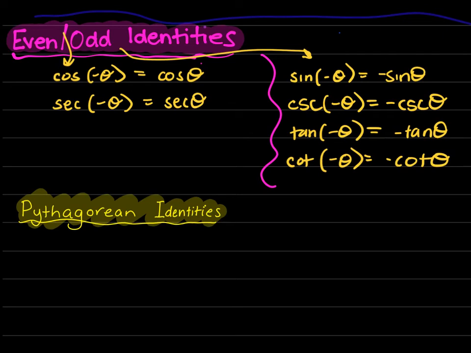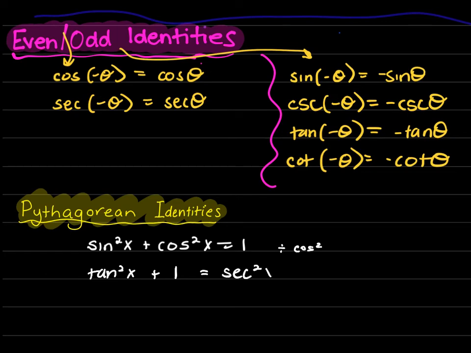Then came the Pythagorean identities. The one we know the best is sine squared x plus cosine squared x equals 1. If I divide them all by cosine squared, I get tangent squared x plus 1 equals secant squared x.